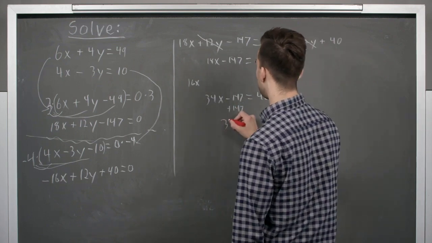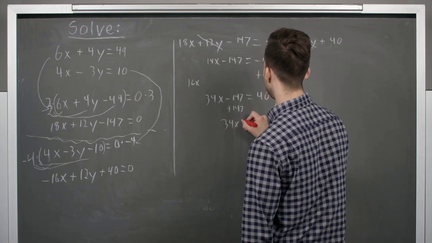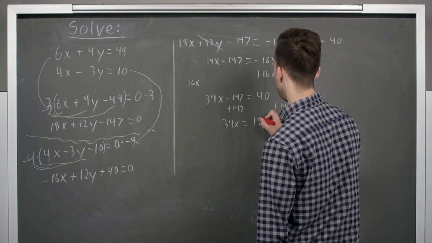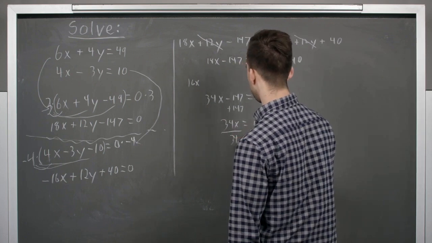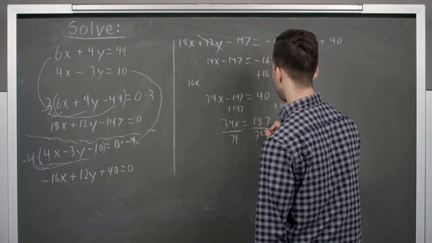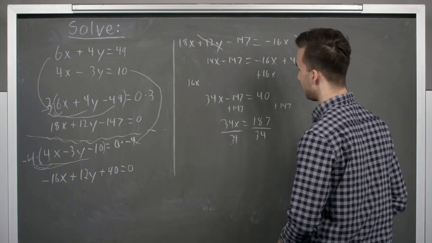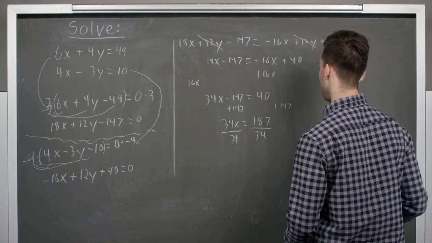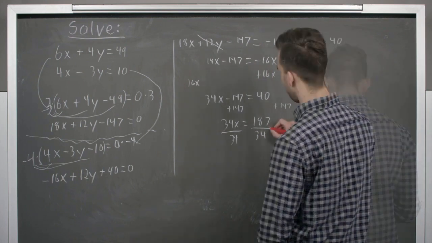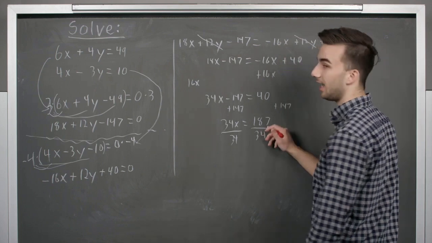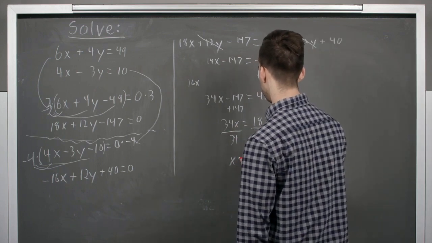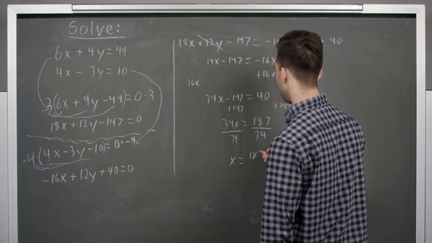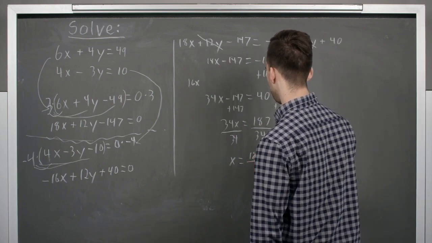So 34x is equal to 187. Now, if we divide both sides by 34, let me see if that is a clean number. We'll just leave it as an improper fraction for now. But x is equal to 187 divided by 34.